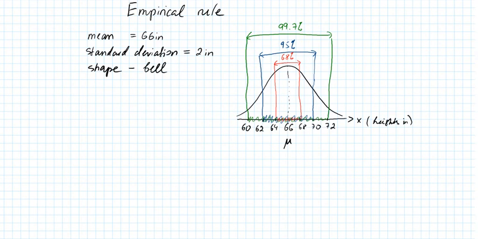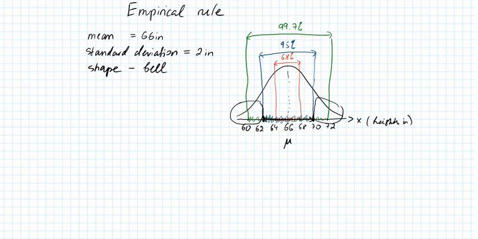So, how to understand this? Well, most of the people would fall within the 95% interval. And this would be your usual variability of heights. Anything outside of that, which would be this part right here and this part right here, will contain another 5%. Why? Because this is 95.